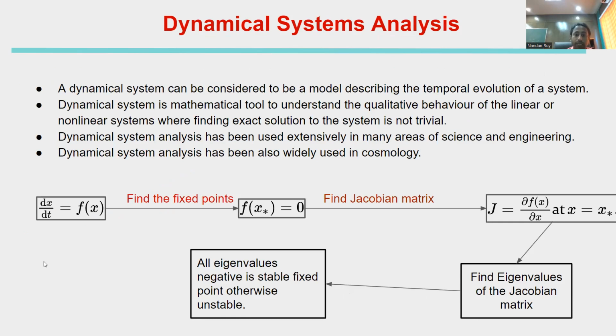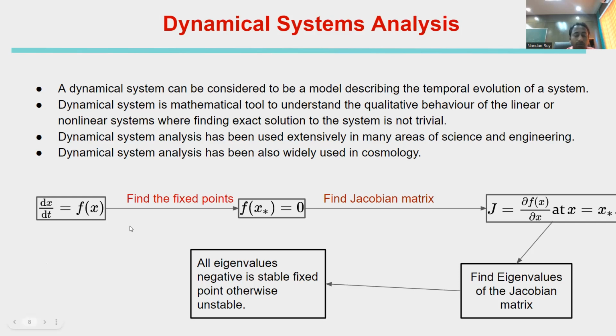It describes the temporal evolution of a system, and it is a mathematical tool to understand the qualitative behavior of a nonlinear system without finding an exact solution. Dynamical systems have now been used in many areas of science and engineering, and in cosmology it has been widely used.